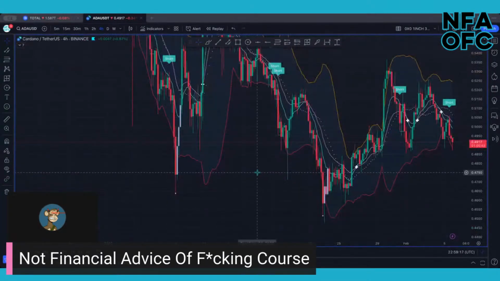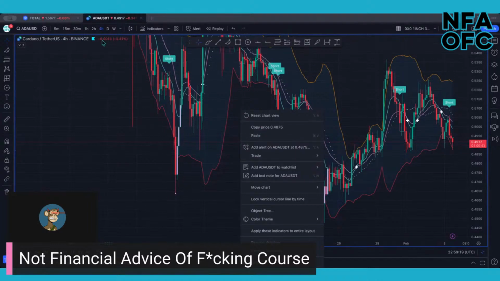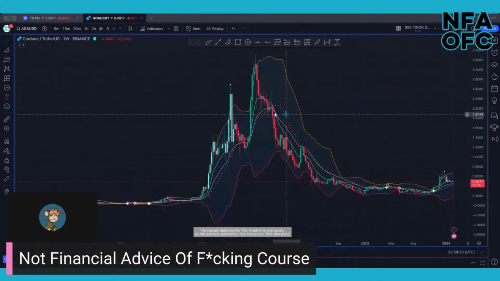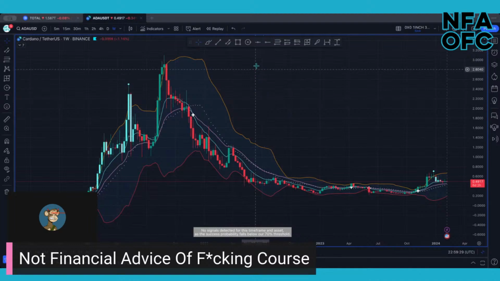Cardano, ADA. Let's put it on the weekly. This looks juicy.